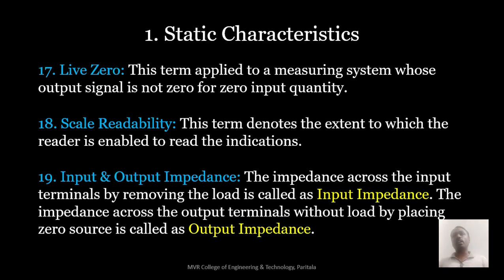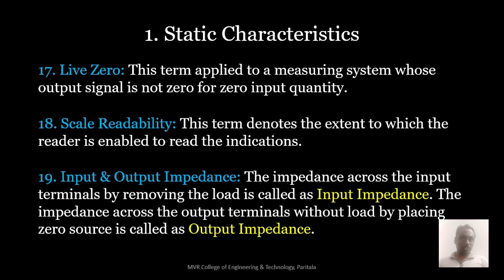Such impedance can be called input impedance. What we have to do is remove the load as well as the source, and connect the impedance meter at the source side. If you can calculate the impedance at the source side by removing the source as well as the load, that can be called input impedance.